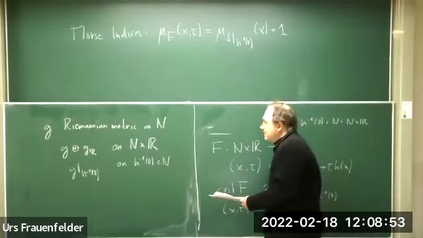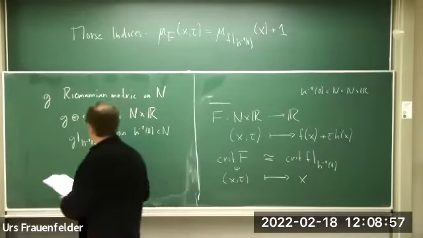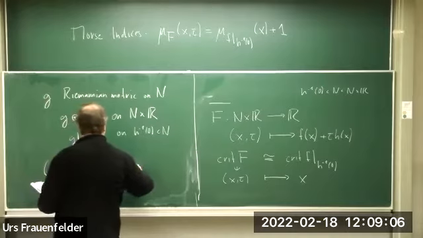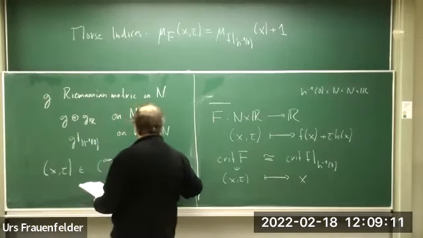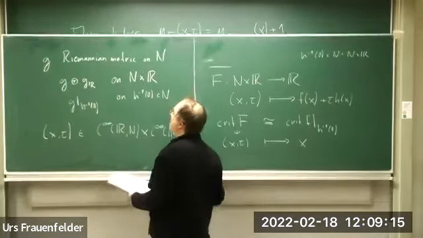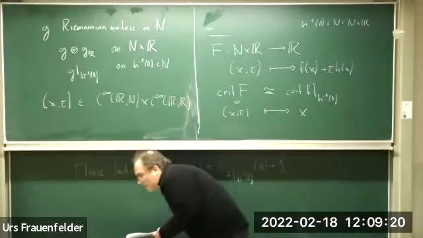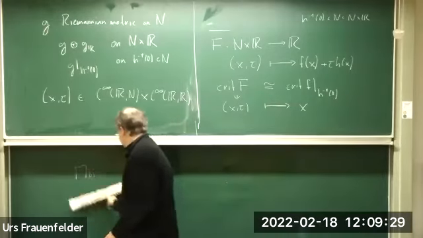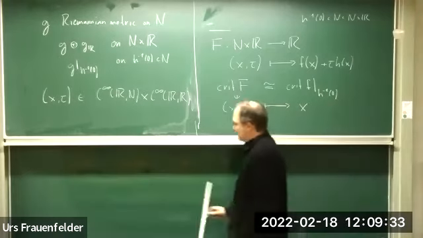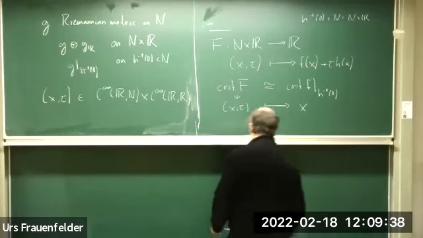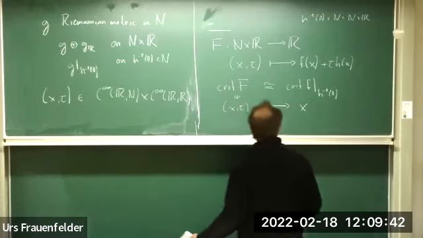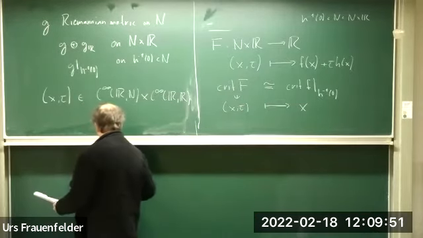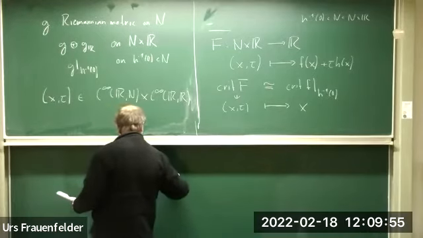We have some (x, tau), where x is a smooth map from R to N, and the Lagrange multiplier is now also flowing from R to R. Looking at the gradient of f and h with respect to G, we have ∂_s x plus nabla f(x) plus tau nabla h(x) equals 0.